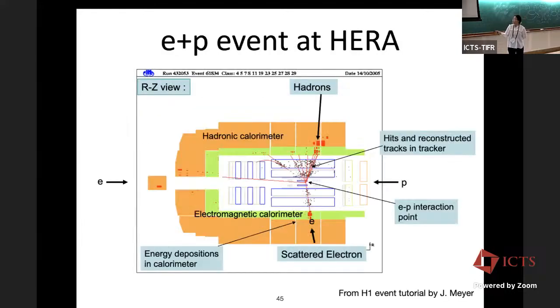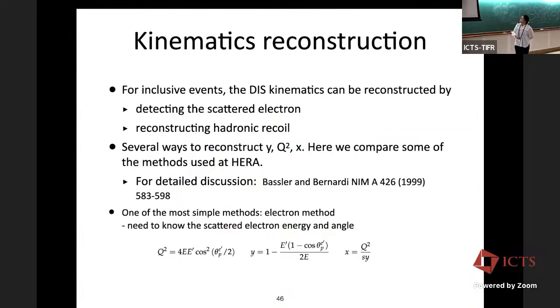So HERA can actually allow you to measure the final state hadron observables, the full momentum of it. From this, when we measure the cross-section and extract the F2 structure function, we want to measure it as a function of x and Q squared, right?